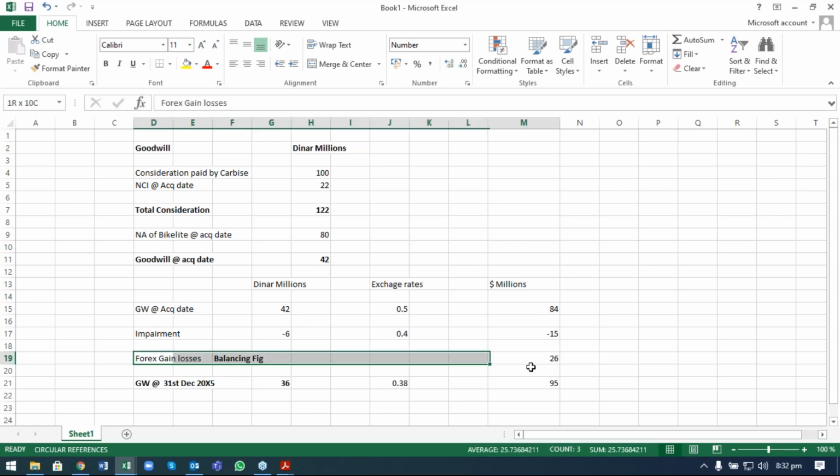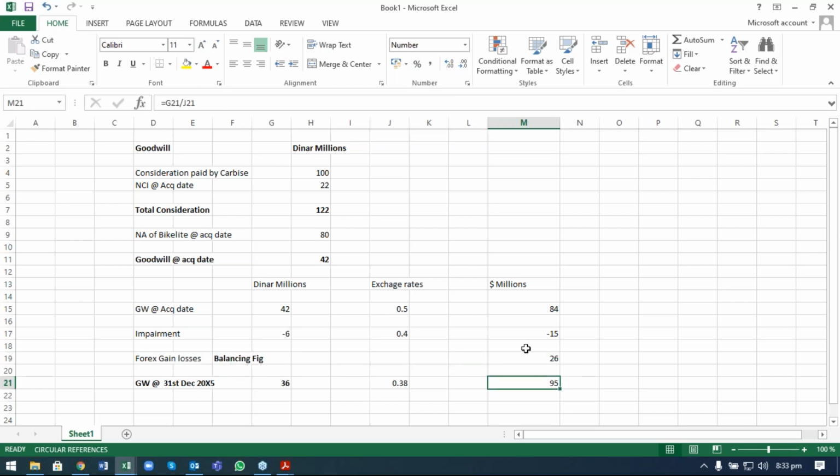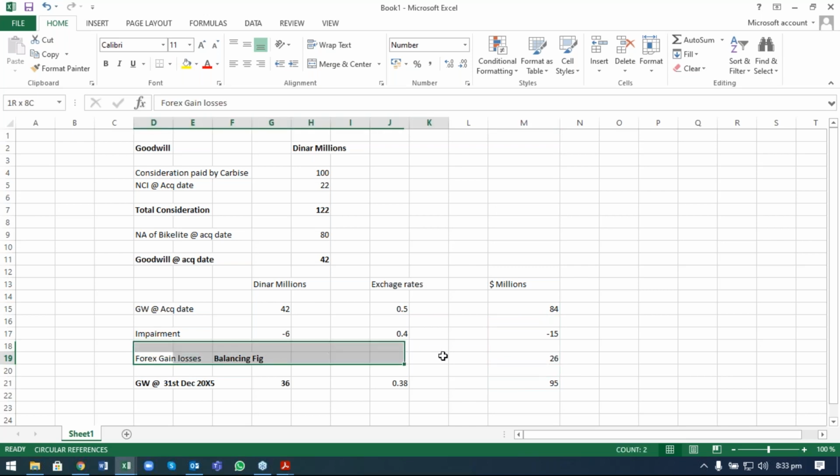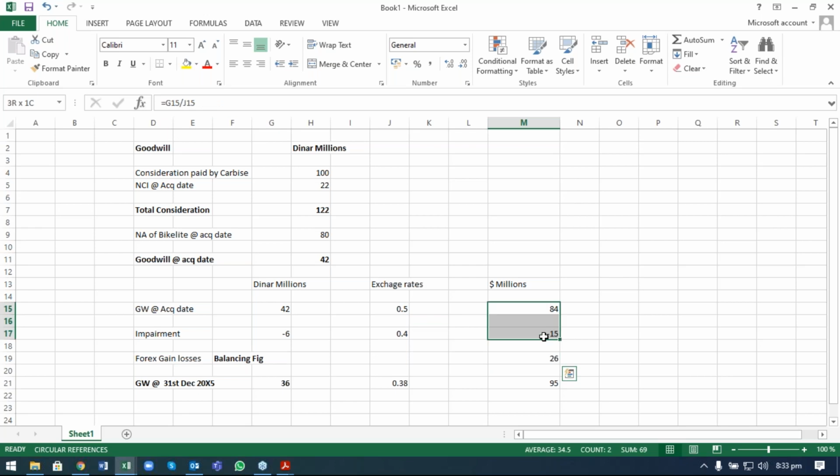So the balancing figure, how you need to calculate it, is this 95 million, or you can say the total of these three must equal this 94.73 million or 95 million. Hence this is a foreign exchange gain. Why can you say gain? Because the goodwill value after charging impairment in dollar millions will be equal to this plus this value.